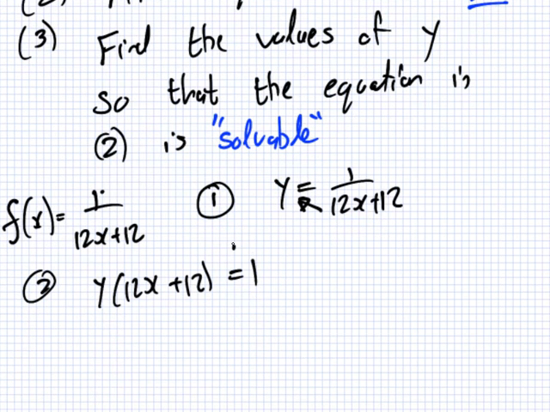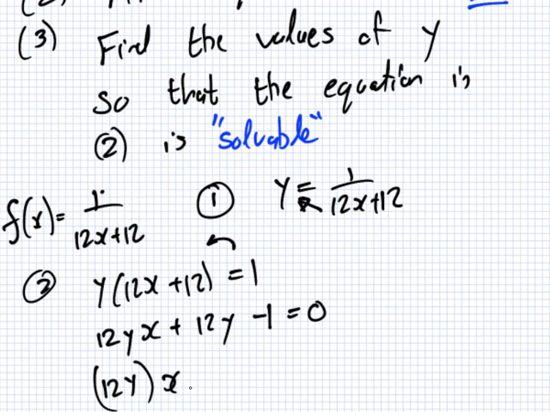Well, move the 1 over and also multiply this out. So I have 12yx plus 12y minus 1 equals 0. Or to be more clear, I have 12y brackets x plus 12y minus 1 equals 0.